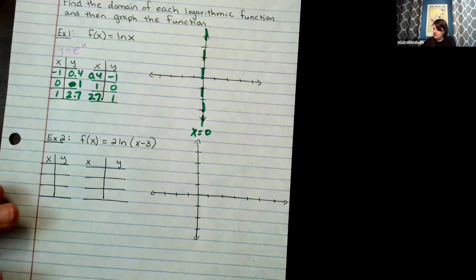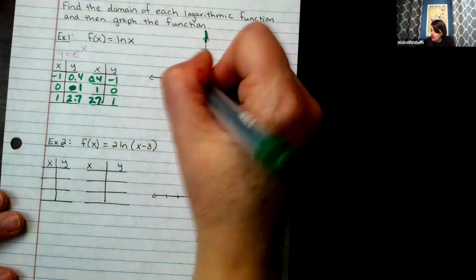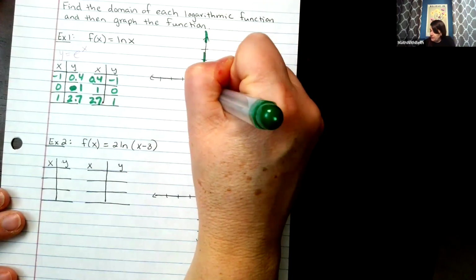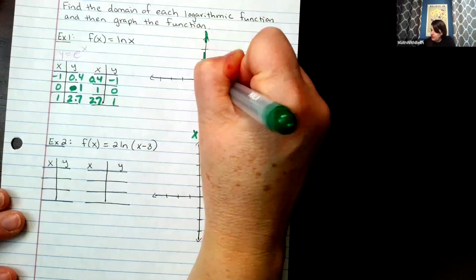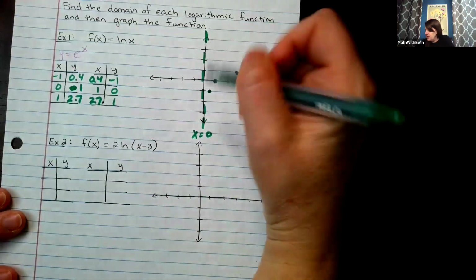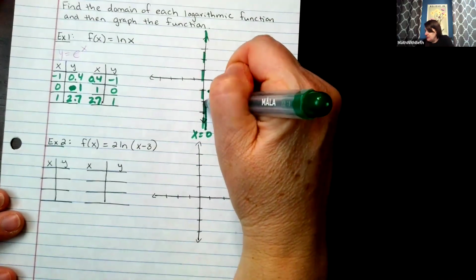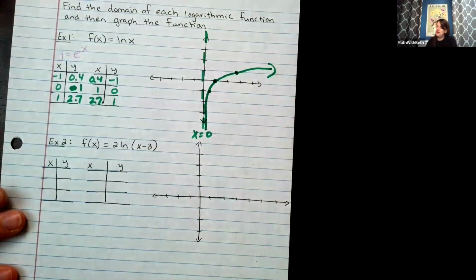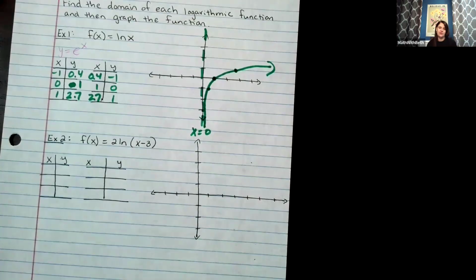Because again, x's and y's switch. So at 0.4, we're at -1. At 1, we're at 0. And at 2.7, we're at 1. So the graph ends up looking like that. So that is what the ln x graph looks like.